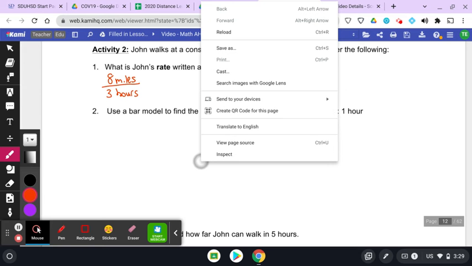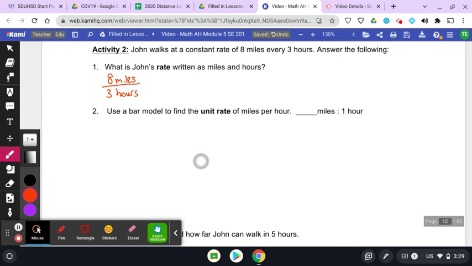So I am starting out with 8 miles. Okay, that's an 8. 1, 2, 3, 4, 5, 6, 7, 8. 1 hour, 1 hour, 1 hour.